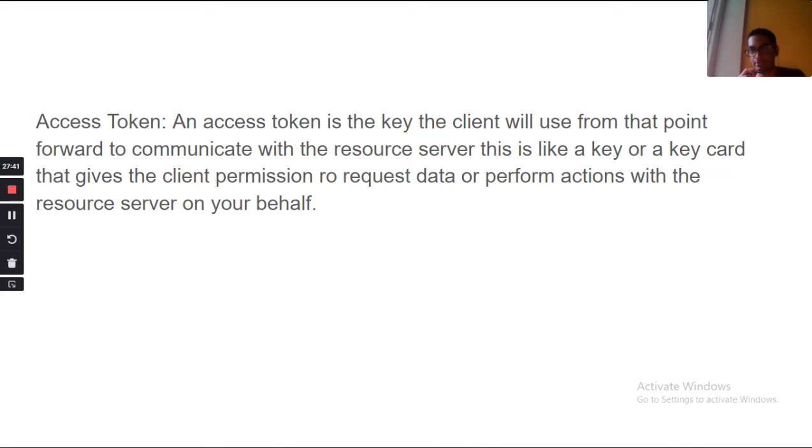So once it gets the access token, it can use it on the resource server to access particular information. Very simple. Once it has this key, it'll access whatever information it wants, provided that information is in the scope of the key. And it'll do this on your behalf.